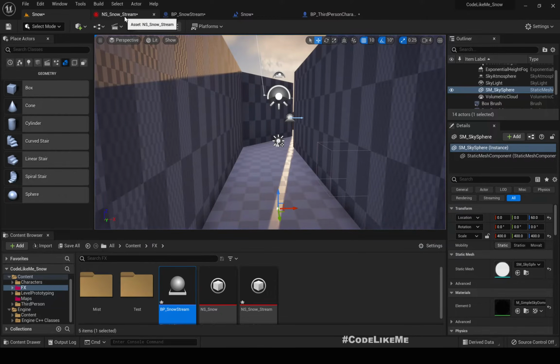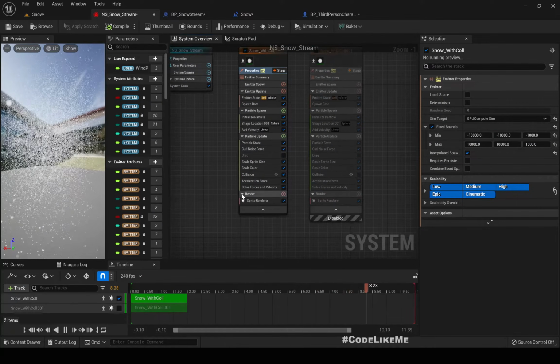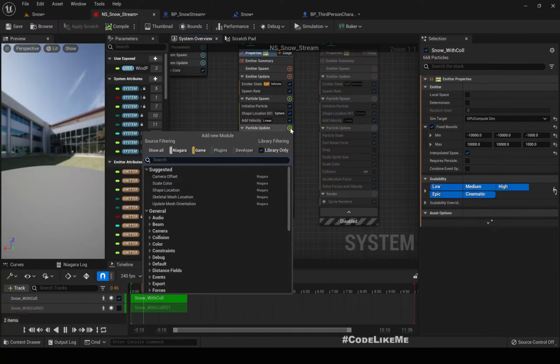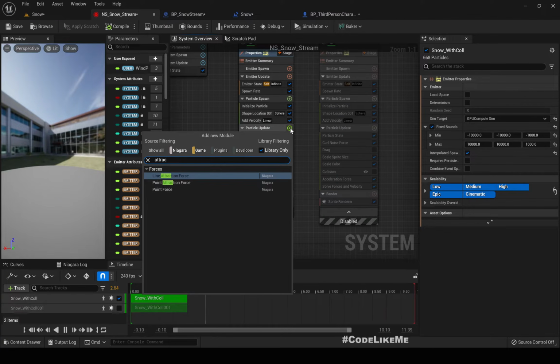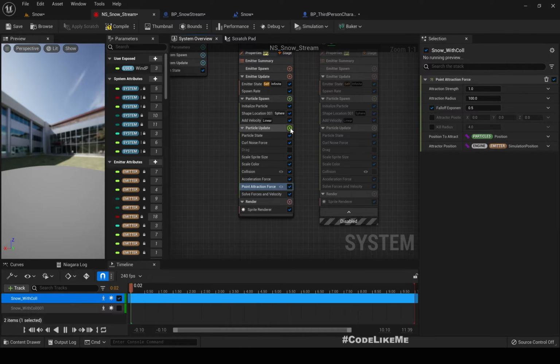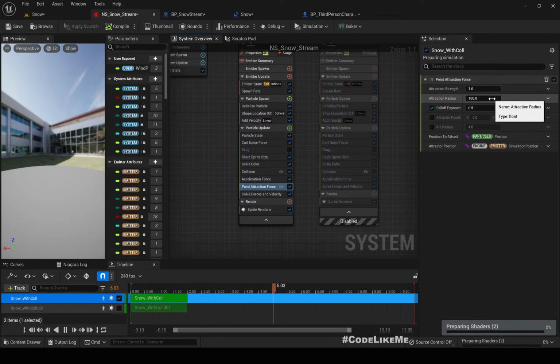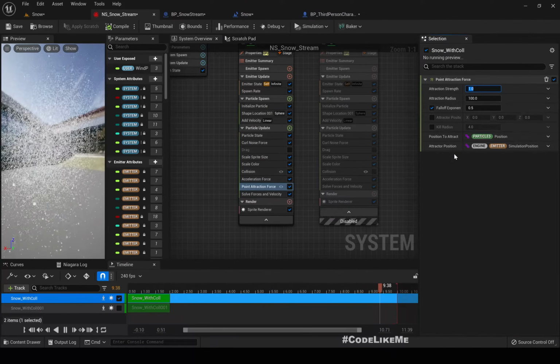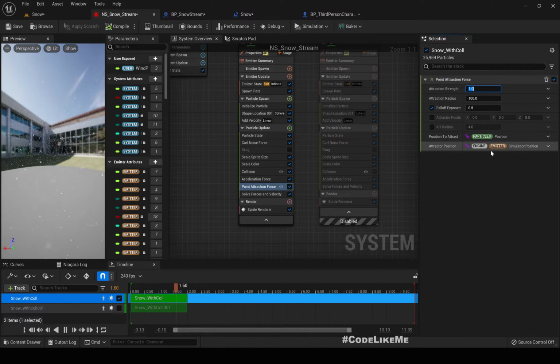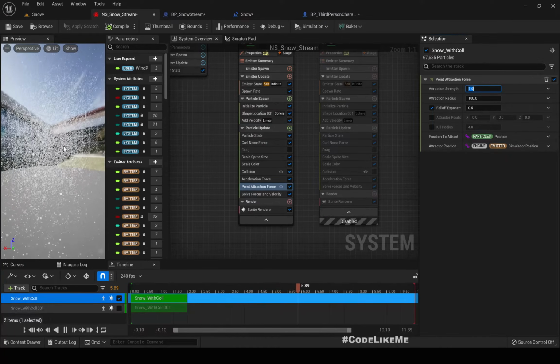Right, so for that let's add an attraction force. Point or line, let's try point, but either of them should work. Attraction strength, so here attracting to the simulation position, that should be the center of the emitter.